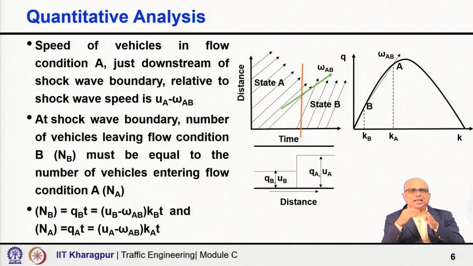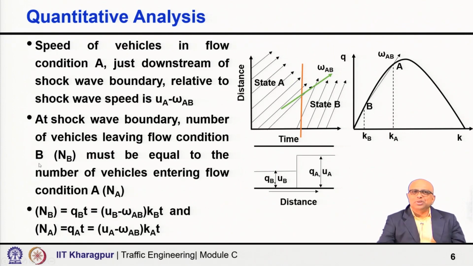So, the number of vehicles leaving flow condition B, let us call that NB, and the number of vehicles entering the flow condition A on the other side, let us call that number NA. So, this NB and NA cannot be different, they must be same.